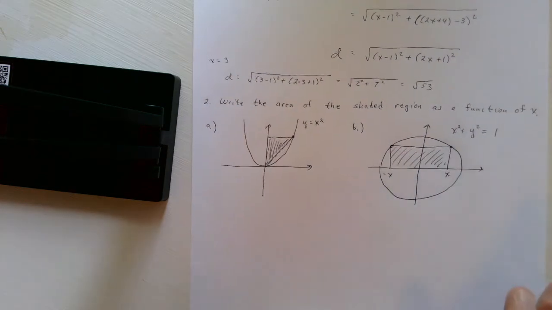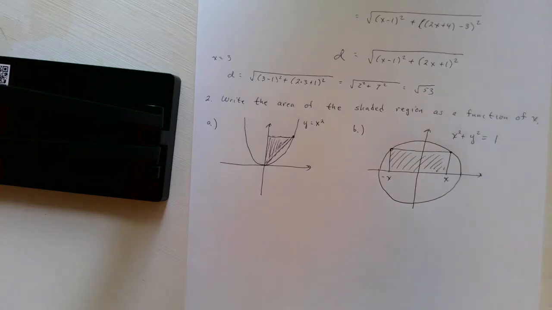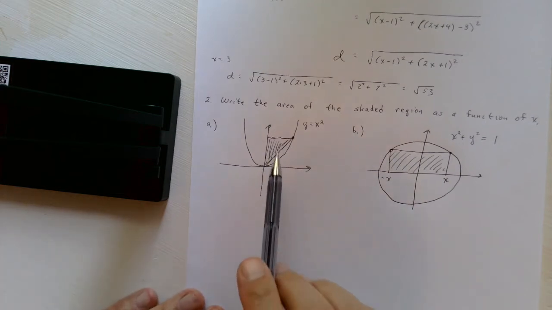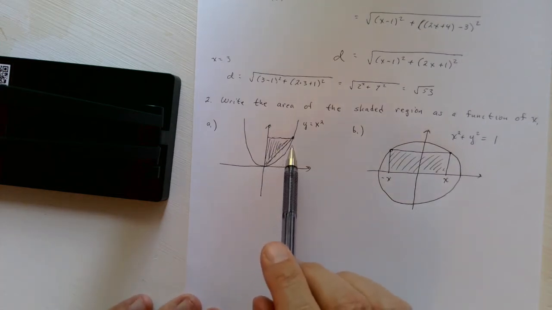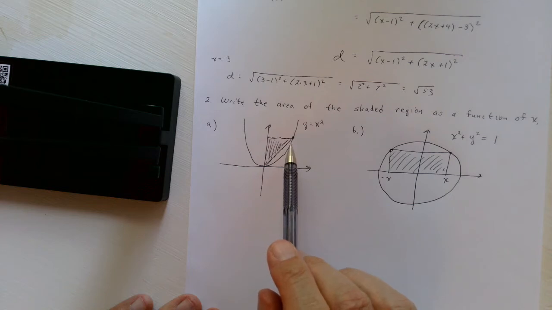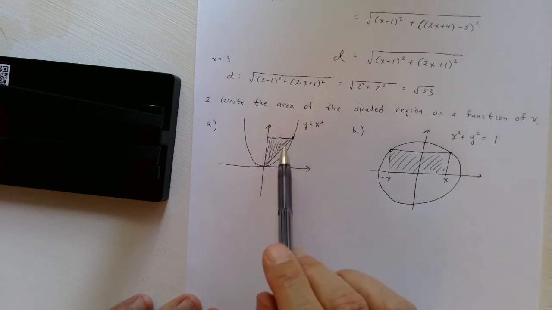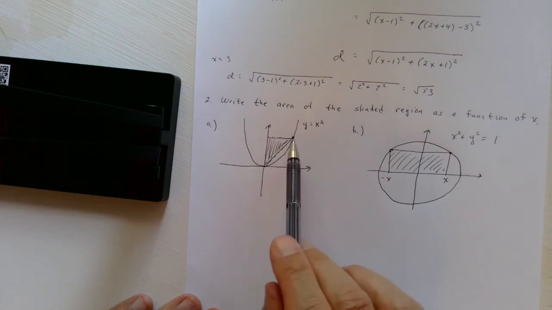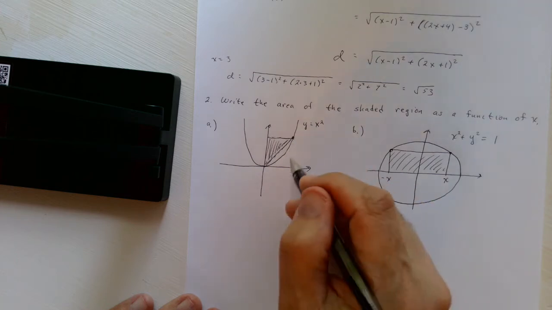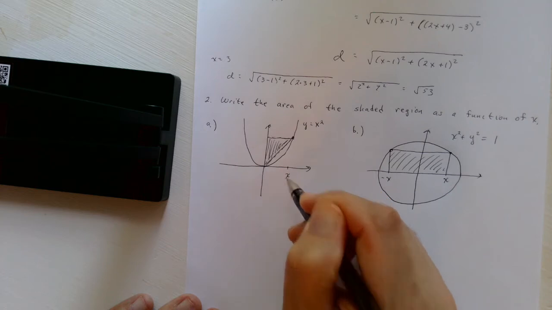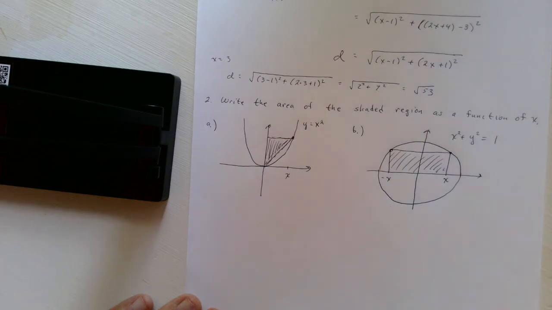For the next couple of examples, you have to remember the area of a rectangle and the area of a triangle. Let's do the triangle first. Here we are finding this shaded region. This is a triangle. It's completely determined by this point here, and we should probably give the x coordinate there, x.